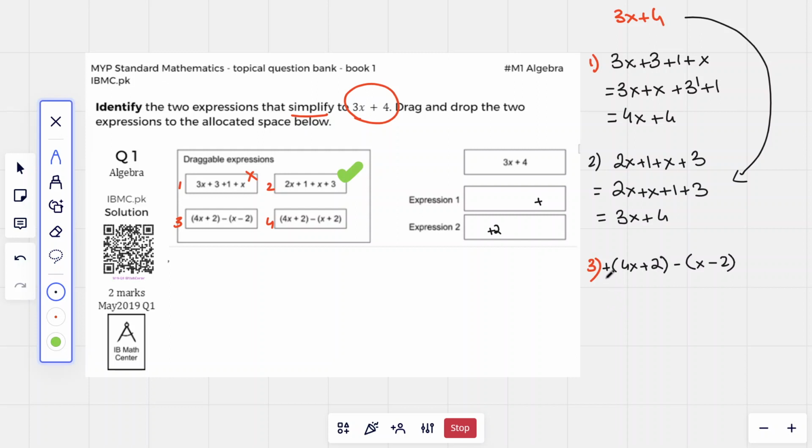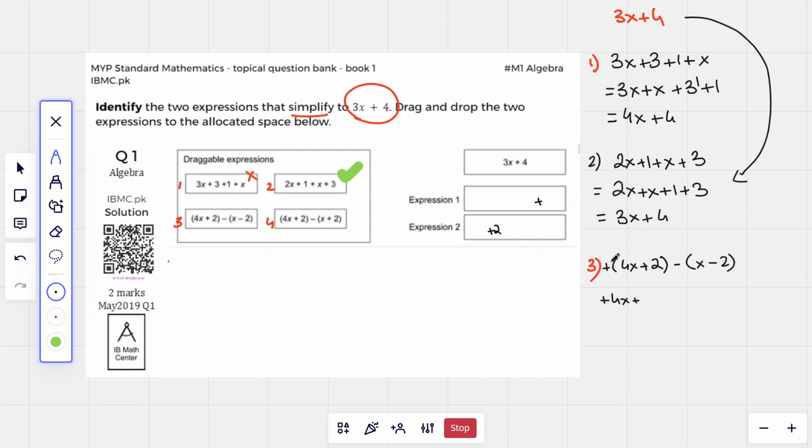So we're going to open up these brackets. When the sign outside is positive, the signs inside will remain the same. So if no sign is given, it is implied that the sign is positive with 4x. So plus 4 into plus 4 is plus. So this is going to be plus 4x. Likewise, plus into plus is again plus. 4 2s are 8. And then we're going to have, why am I assuming 2 outside? My bad.